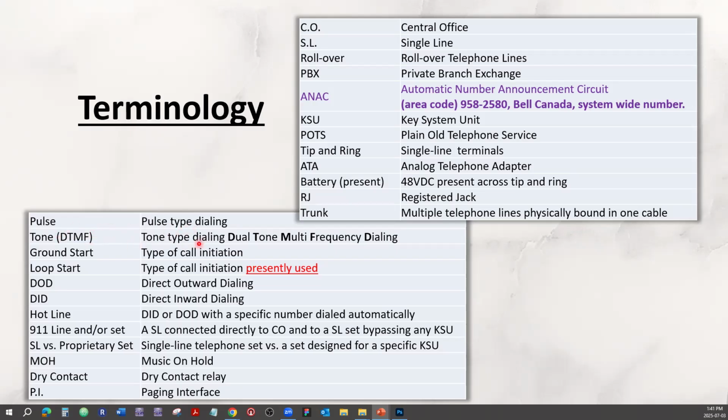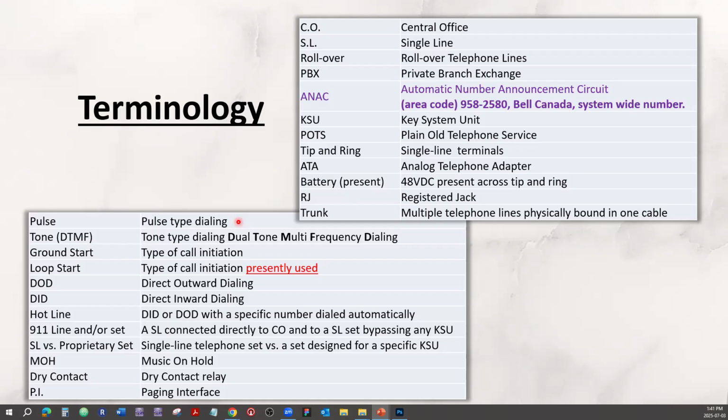Pulse versus tone, or DTMF. Pulse would be used in the early days. Well, sort of early days, because in the very early days, there would not be a dial tone. There would be no automatic dialing. Things would be patched manually by people.